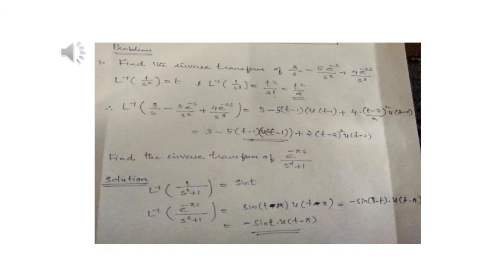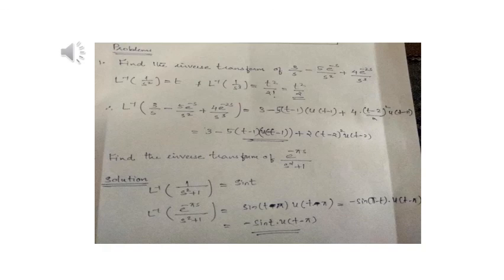Then plus 4 into t minus 2 the whole square into u t minus 2. Okay, so that is 3 minus 5 t minus 1 into u t minus 1 plus 4 t minus 2 the whole square into u t minus 2 using the unit step function. So that is the answer.